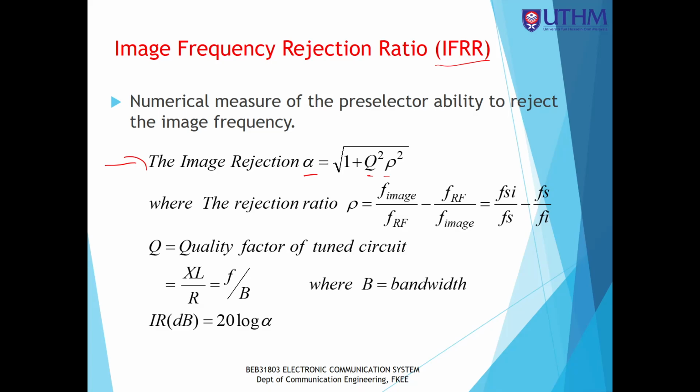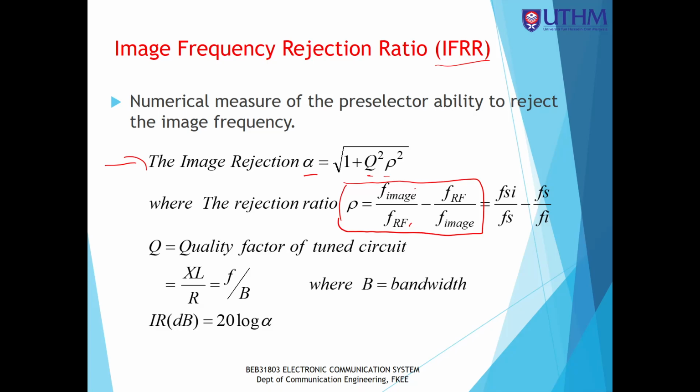Rho is the rejection ratio, which is equal to F image divided by FRF minus FRF over F image.